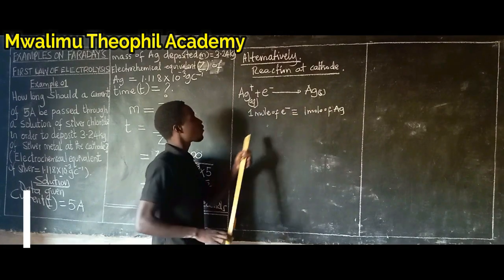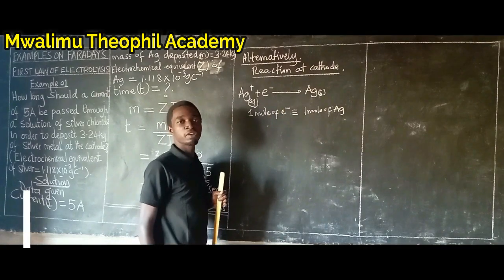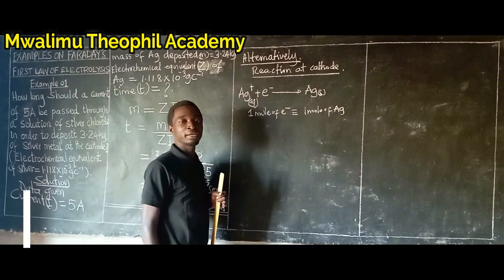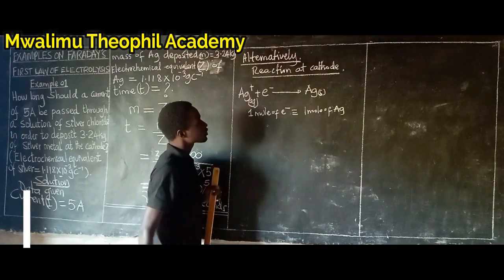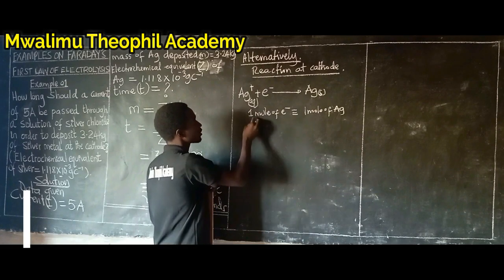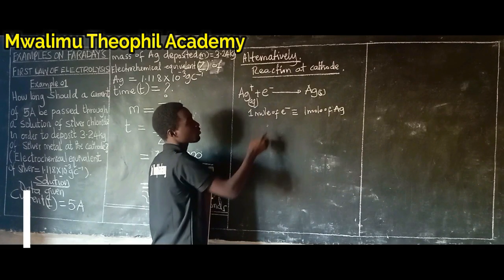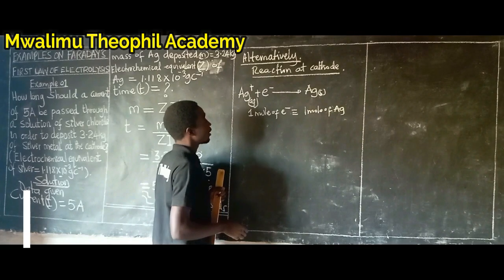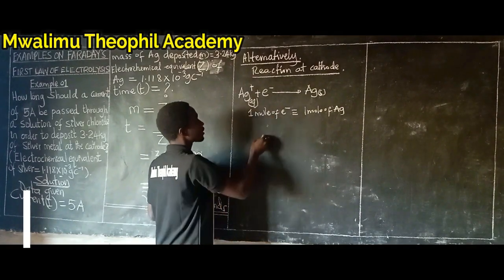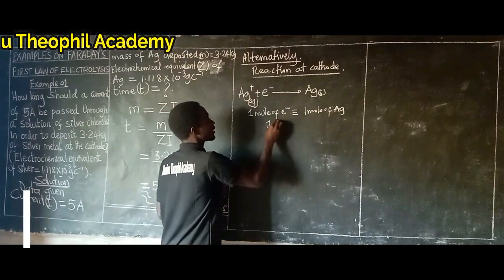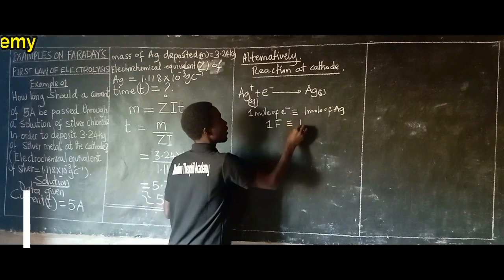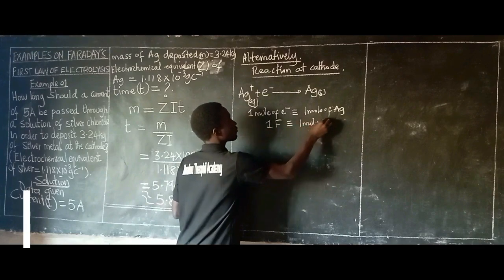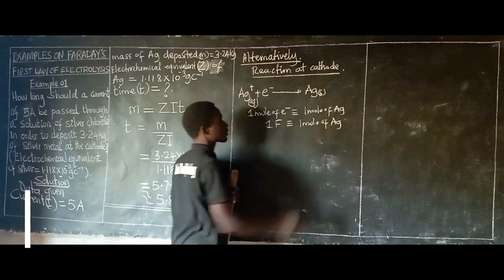If you remember, 1 mole of electrons is equivalent to 1 Faraday. So instead of writing 1 mole of electrons, I can write 1 Faraday. It means that 1 Faraday is equivalent to 1 mole of silver metal.